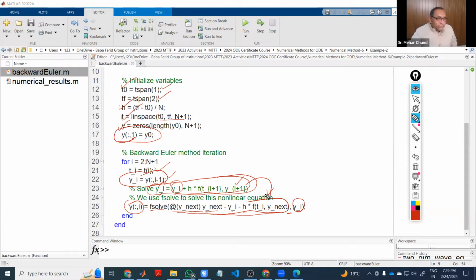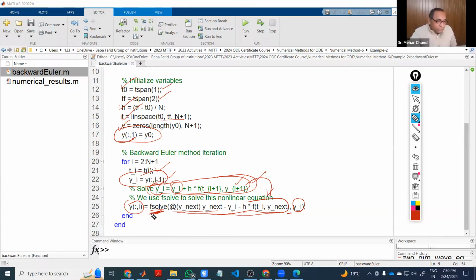But the only thing you need to keep in mind is how to convert this equation, the equations which I have shown you in the PDF file. You just need to convert the equations into this format and use the fsolve function. This is an inbuilt function in MATLAB, and by using it you can solve systems of equations, systems of differential equations, and any polynomial.